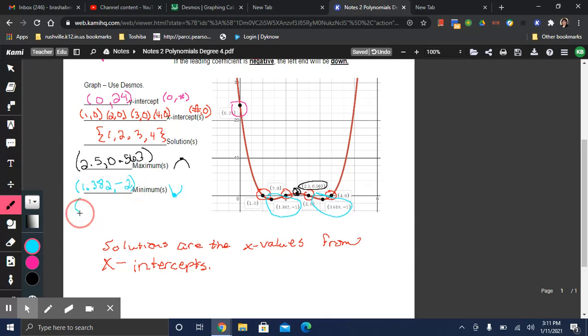And the other one is 3.618, comma, also -2. Those will be showing up as, like I said, lowest points on your graph.